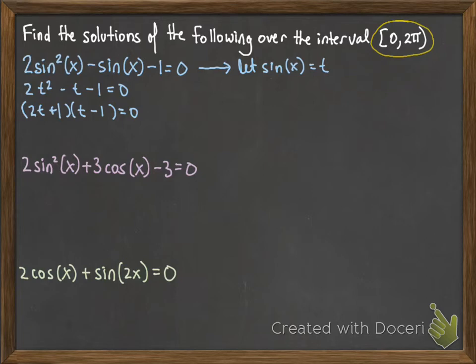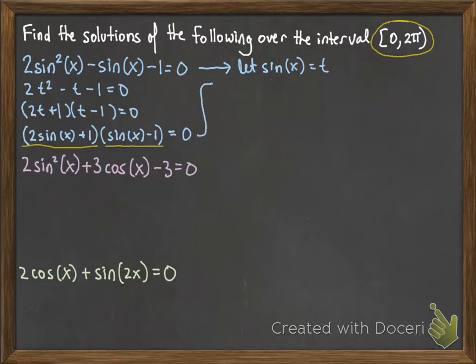So now, if I substitute sine back in, I get (2 sine x plus 1)(sine x minus 1) equals 0. Okay, so now we're at the stage where we have the product of two things, and we can use the zero product property to finish this off.